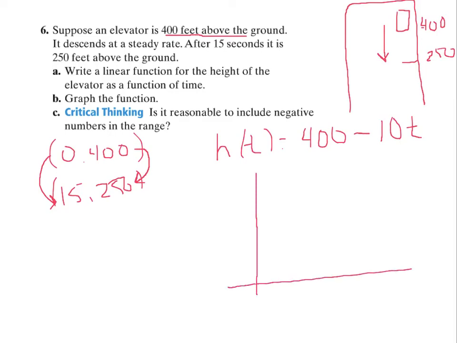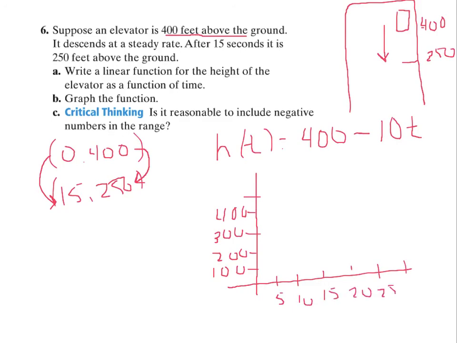We could if we had basements, but I'm just going to keep it all positive. Noticing that we started at 400, I'm going to go up by hundreds. So our height is the y-axis, and time is going to be below, and I'm going to put that in increments of 10.